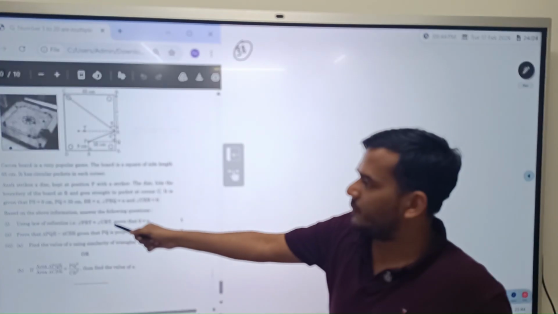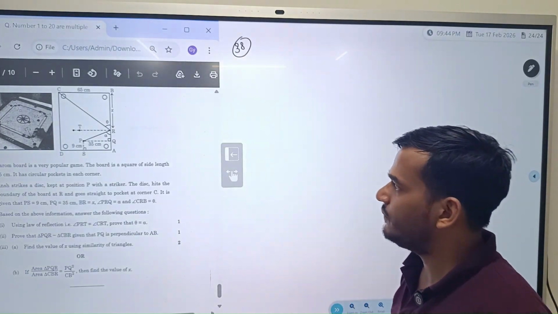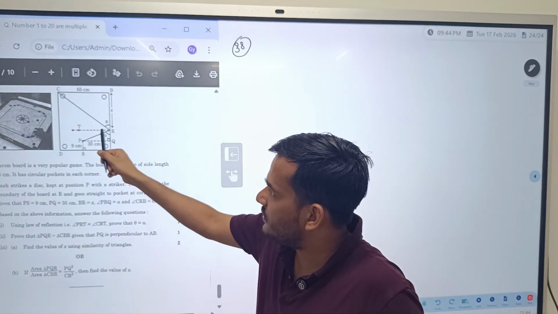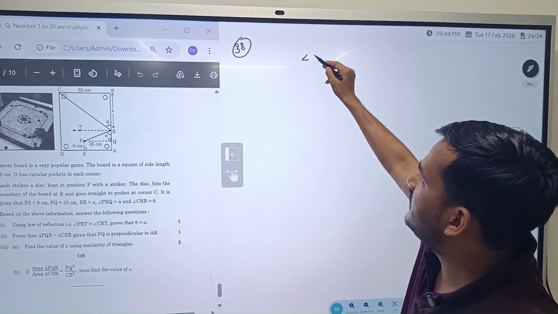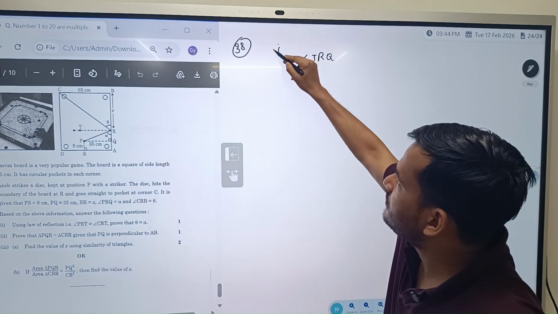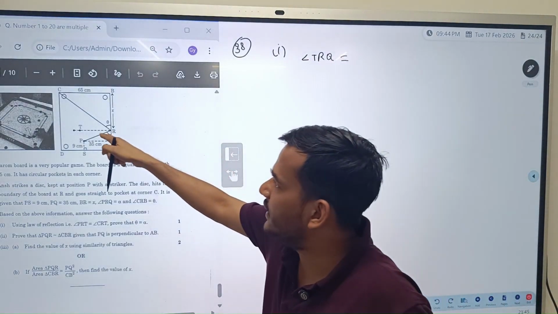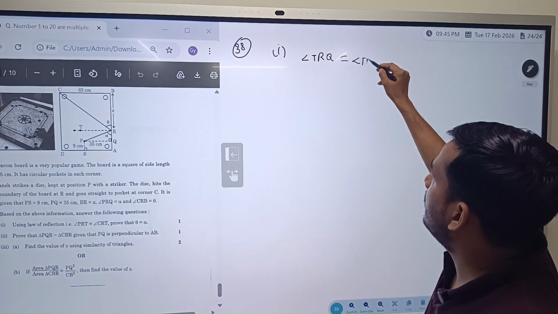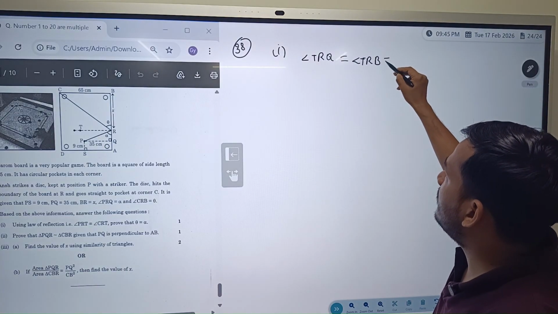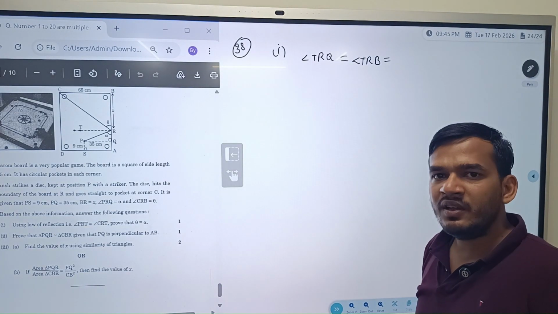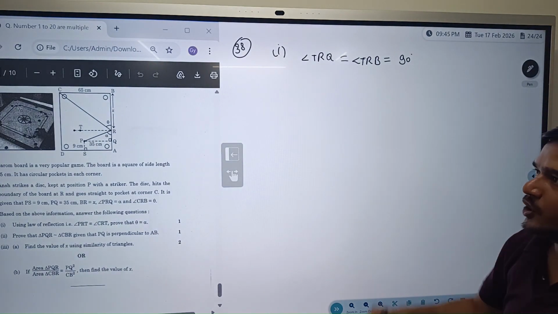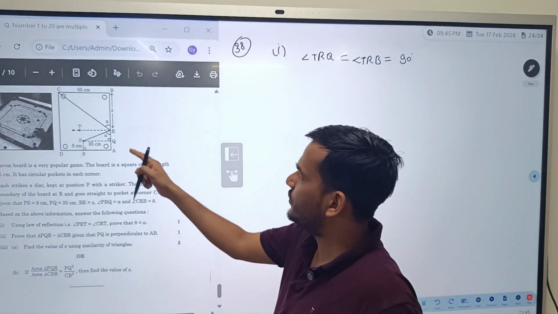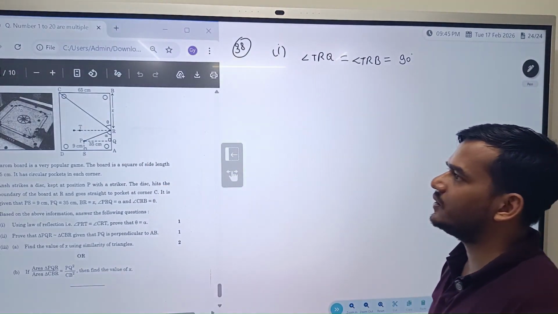By looking at the figure, you can see angle TRQ is equal to angle TRB, the angle made by the normal with AB. Both are equal to 90 degrees because TR is normal to AB. So TRQ is equal to TRB.